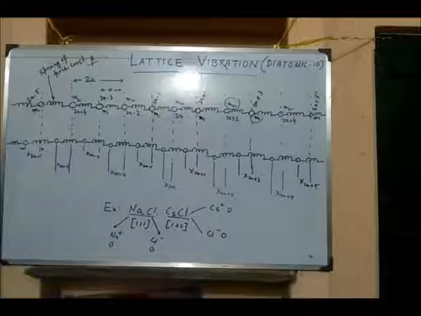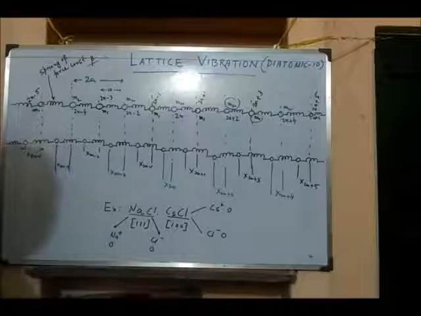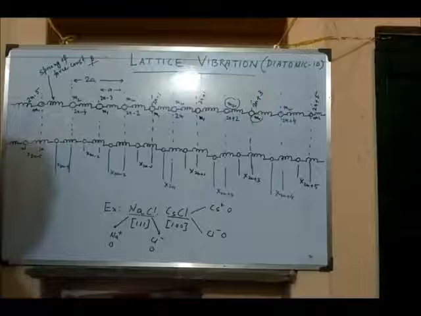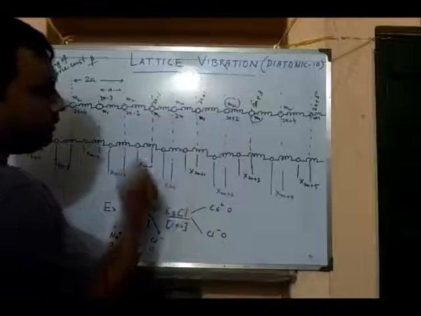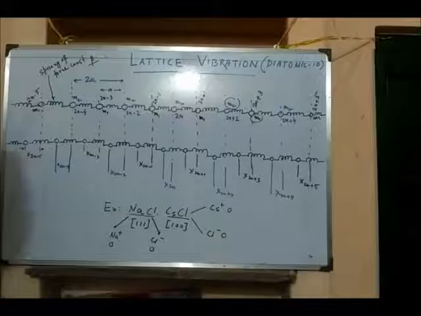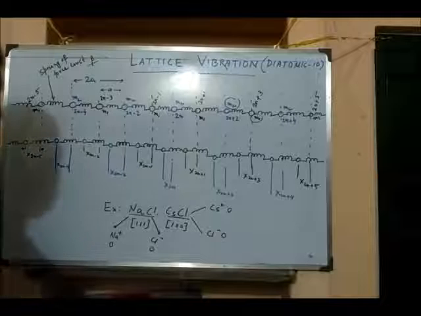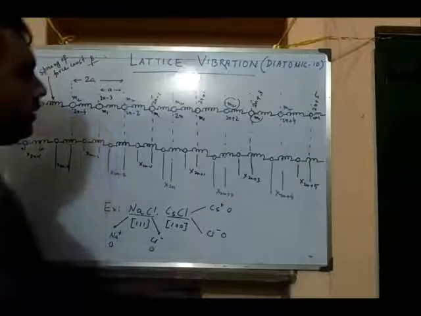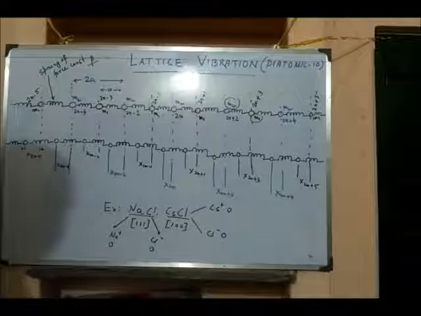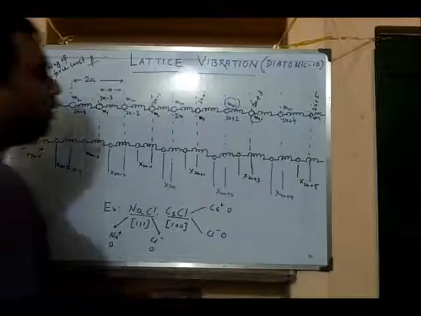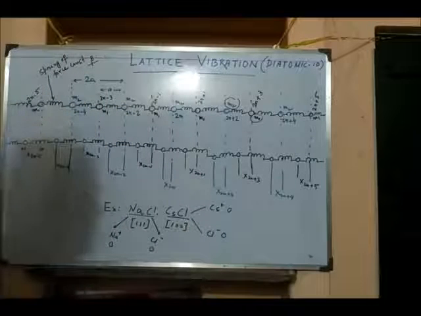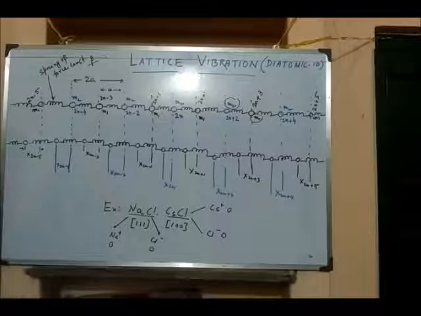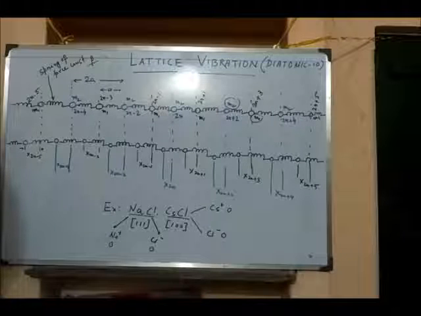Now, once you consider this situation, I am going to do a detailed analysis of the simple harmonic vibration present for this type of lattice point, and we are going to generate the equation of motion, and from that equation of motion we are going to calculate the frequency of oscillation of this particular situation, and let's see what happens when you have two types of different mass points vibrating at the same time.